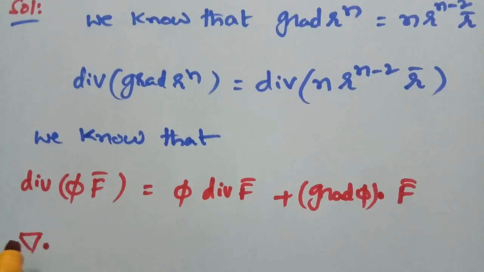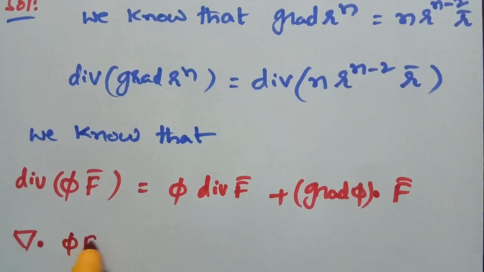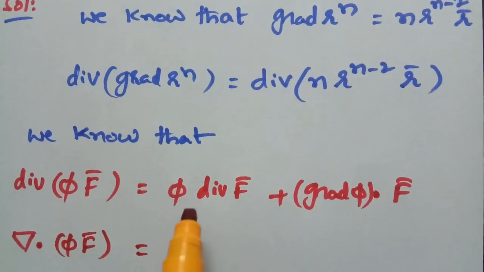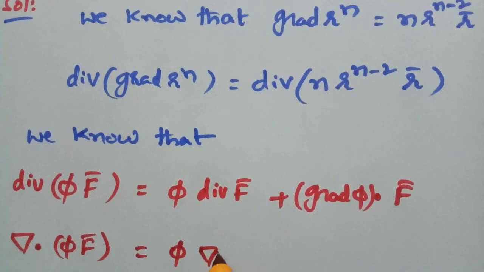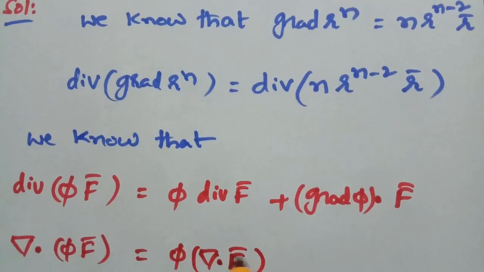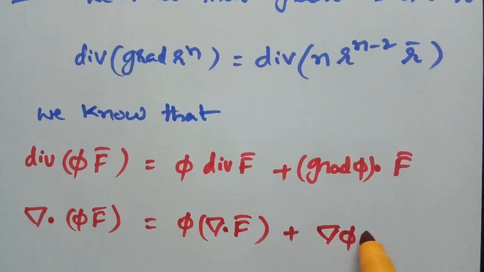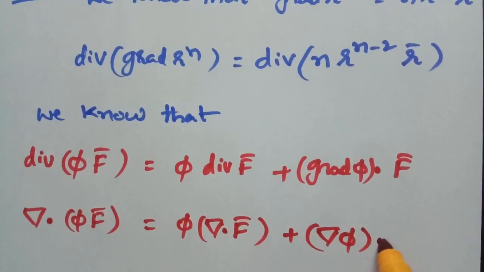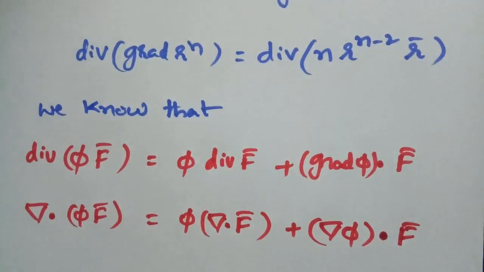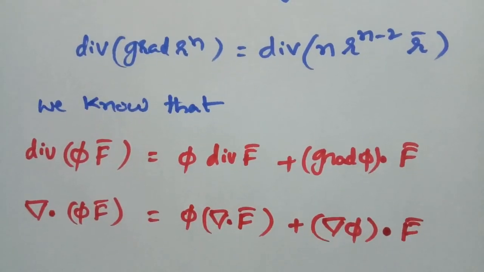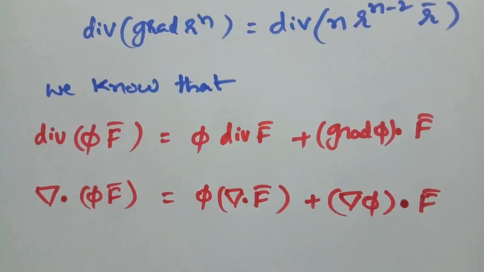Therefore, this can be written as phi f bar is equal to phi into del dot f bar plus grad phi, that means del phi, dot f bar. Here phi is n into r to the power of n minus 2 and f bar is equal to r bar.